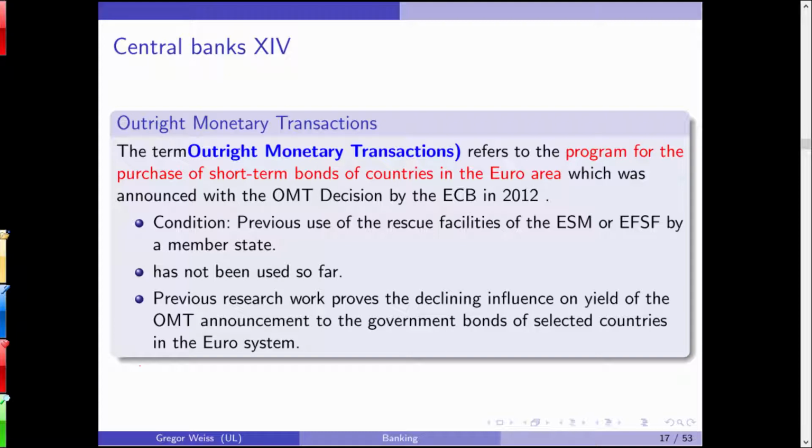There is a fine distinction between asset purchases and the quantitative easing done by the ECB and the even more controversial policy of some central banks to directly finance the government and to directly finance the state. Do you know what the difference is?